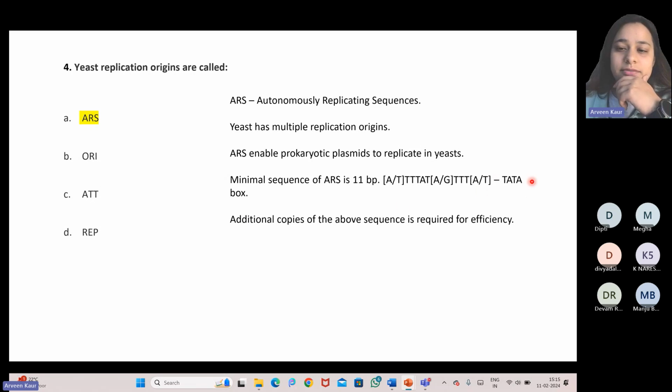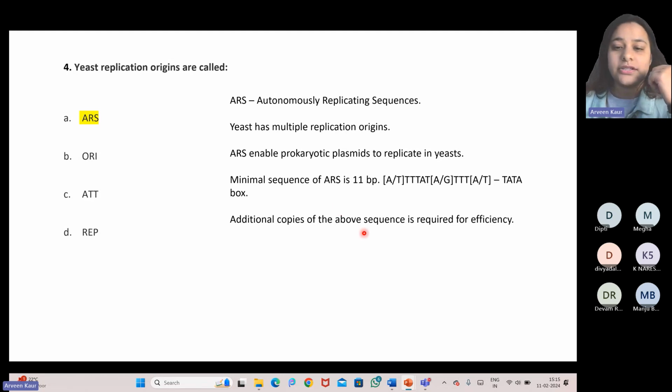Why is it called Tata box? Because it has this kind of conserved or consensus sequence, the one that I have mentioned over here, this 11 base pair minimal sequence is a characteristic of the ARS, and it is more or less consensus, right? And it is commonly known as the Tata box sequence.